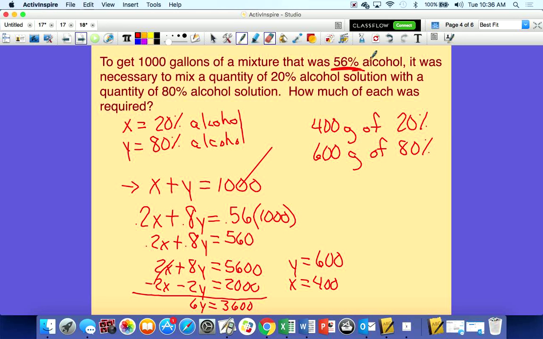If this were less than 50, we would need more of the 20%. So you can at least get a ballpark, you can kind of figure out exactly where your answer should be, like a range for it. Okay, so be aware of that. That might help you out when you get to the end on what to expect for an answer.